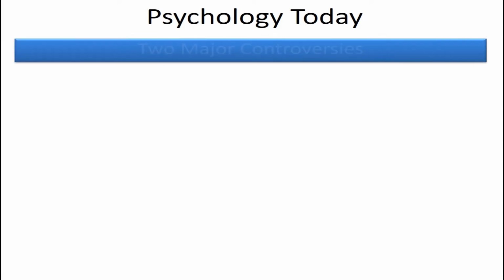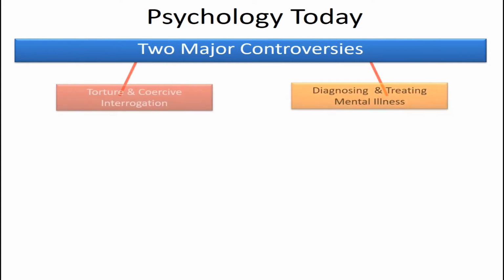But first, let's have a look at how psychology looks today by looking at some of the trouble that psychology has got itself in. Psychology has recently been faced with two major controversies. Psychologists' involvement in torture in the coercive interrogations used by the United States in the War on Terror, and psychologists' involvement in the diagnosing and treating of mental illness.